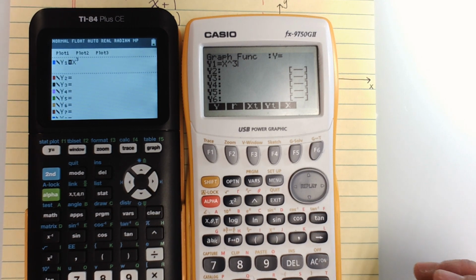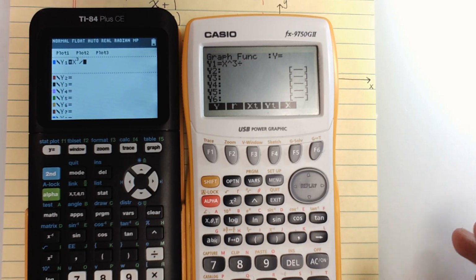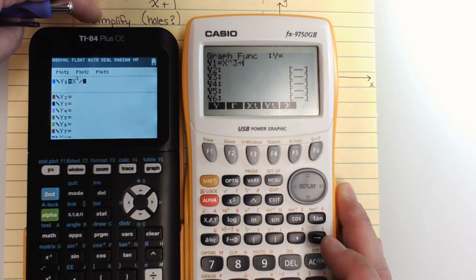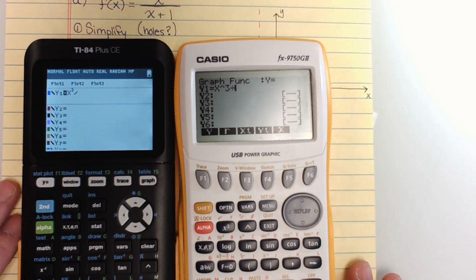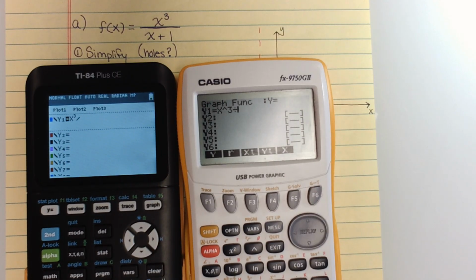What is a fraction bar? Divide symbol. Divide. But make sure that when you're dividing by it, you're dividing by what? X plus 1. But I can't just put X plus 1. If I put this in, I've got issues.